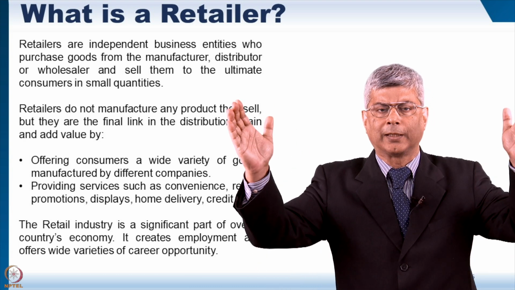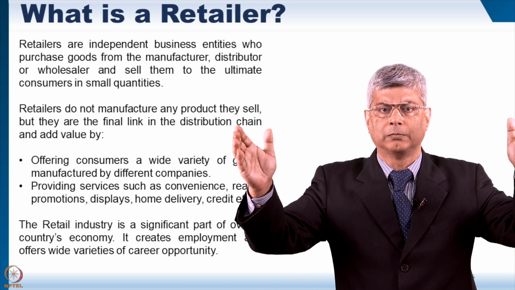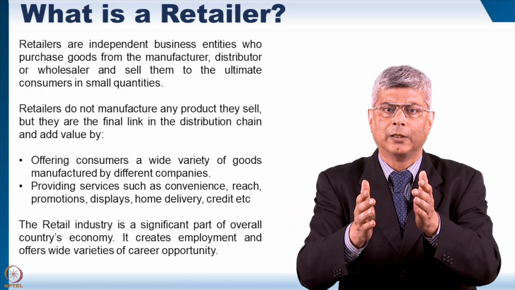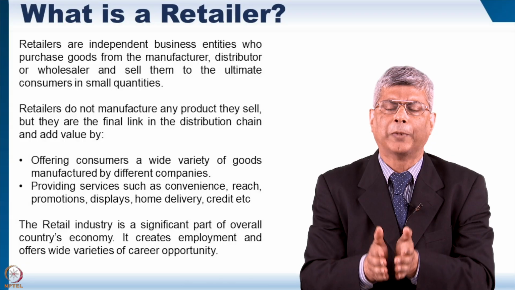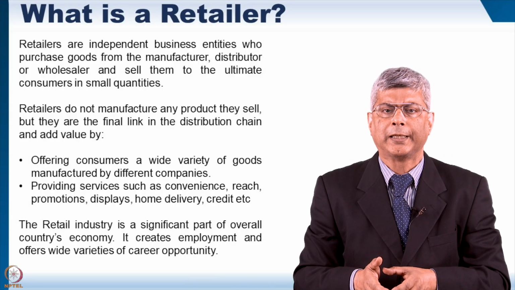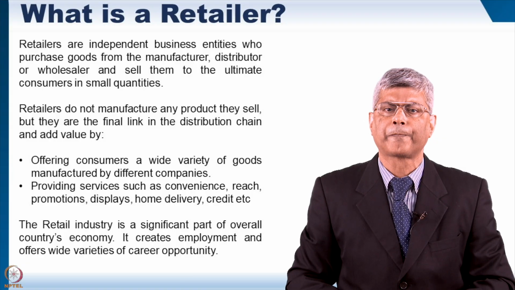So you've got a manufacturer who makes in very large numbers, gives it to distributors who buy in smaller lots. Then the distributor gives to retailers who buy in even smaller lots, and the retailer probably sells 1 or 2 pieces each to consumers like you and me.